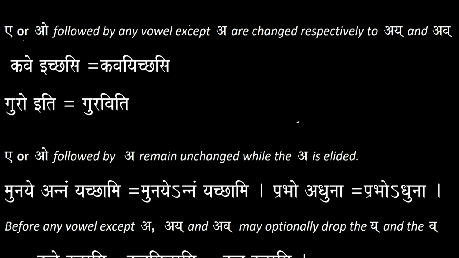You have e followed by any vowel except a, so it could be followed by i, u, ri. Okay, in this scenario, it's followed by i. You have kave, ichasi. It is changed respectively to ay and av. Okay, so the i remains the same.